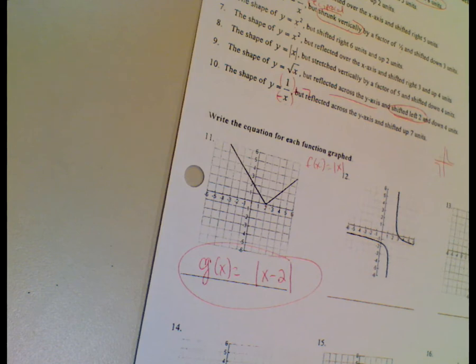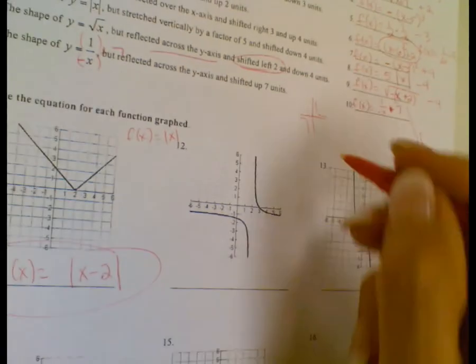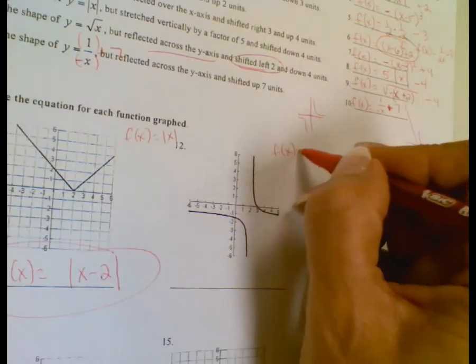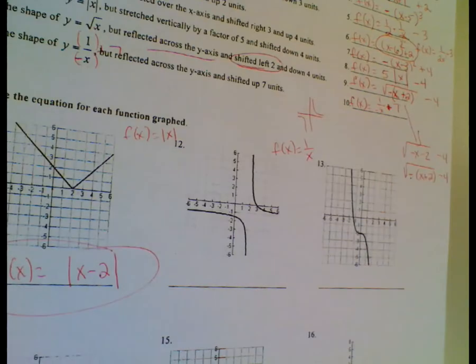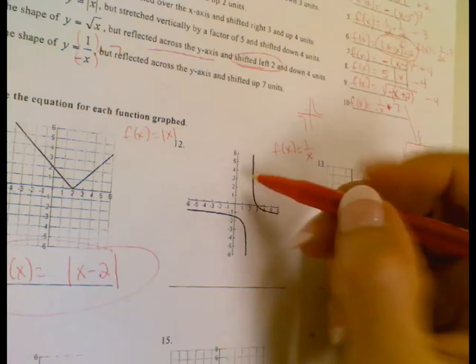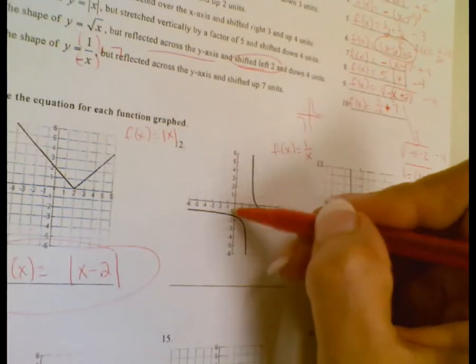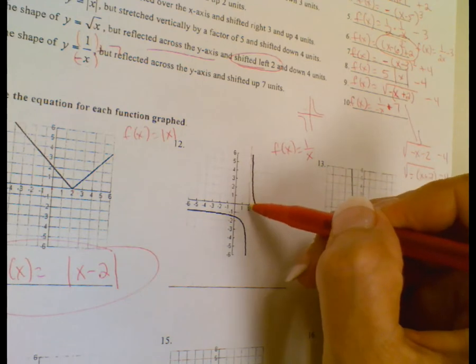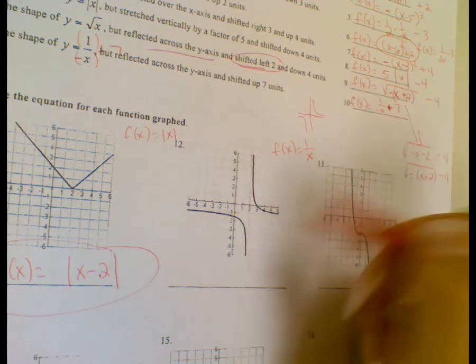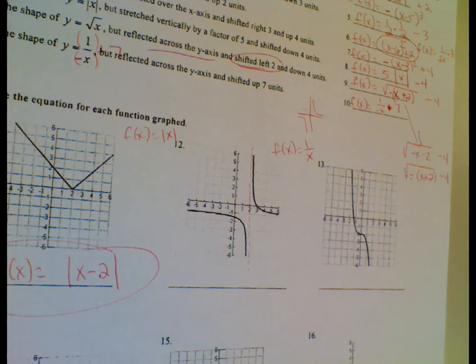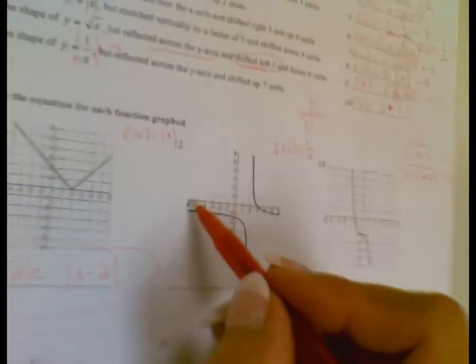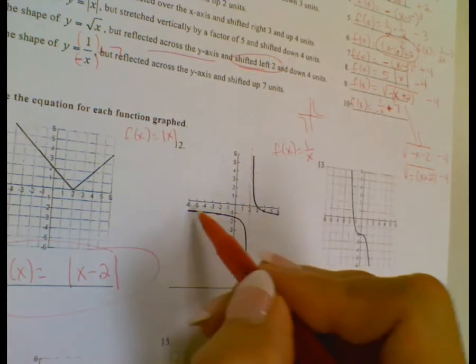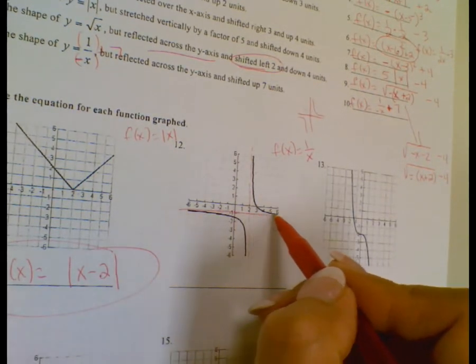See if you're right. This is the reciprocal function. The parent graph of this is 1 over x. Now typically the vertical asymptote's right here, but it looks to me that the vertical asymptote's at 2, which means to me that it was shifted right 2. But the horizontal asymptote is usually at 0, 0 also, and it looks like that was shifted down 1.